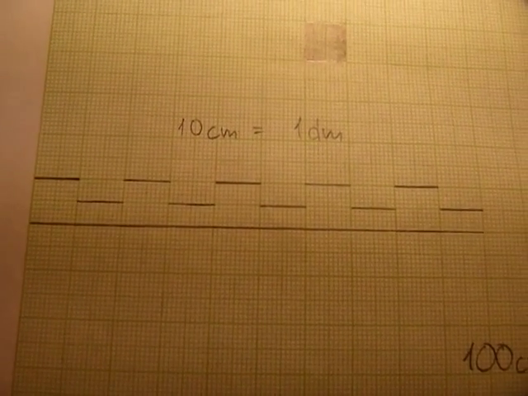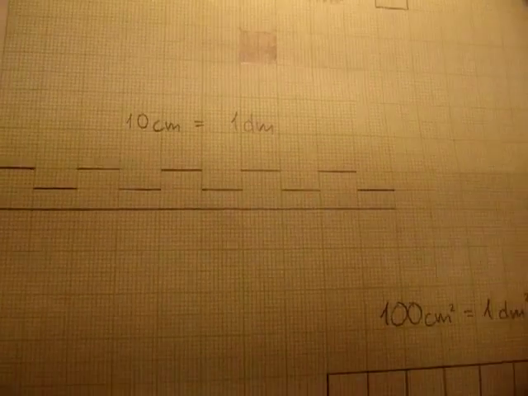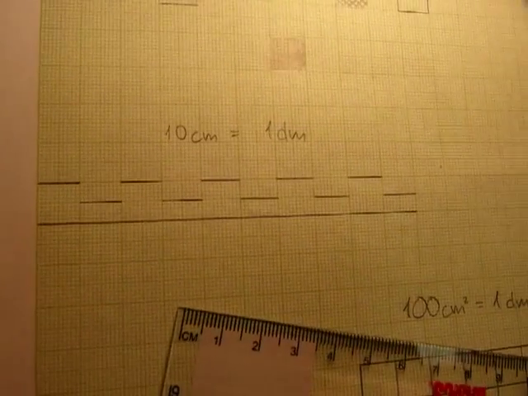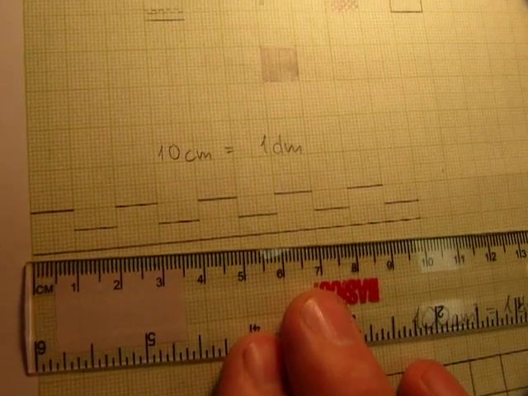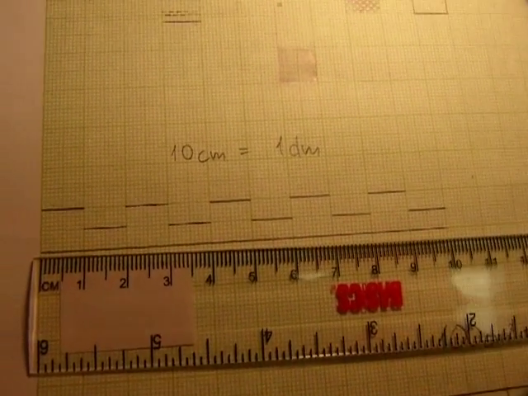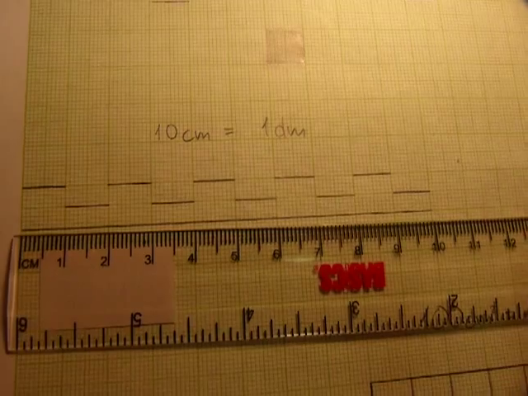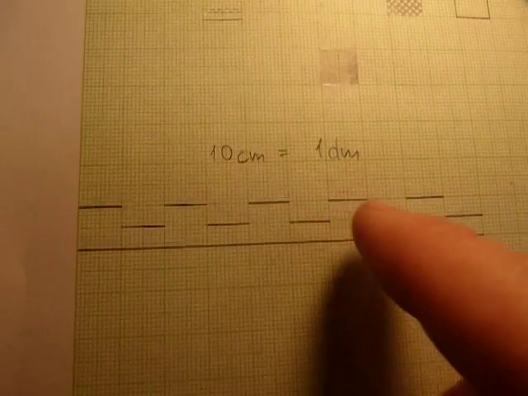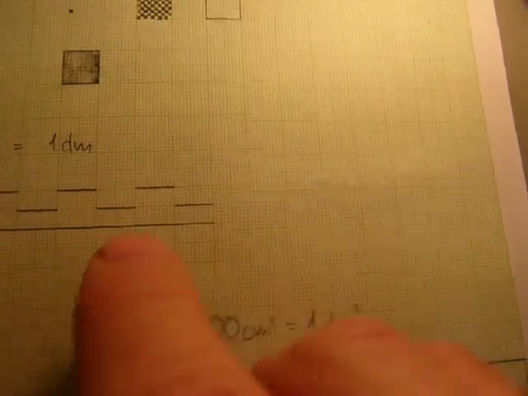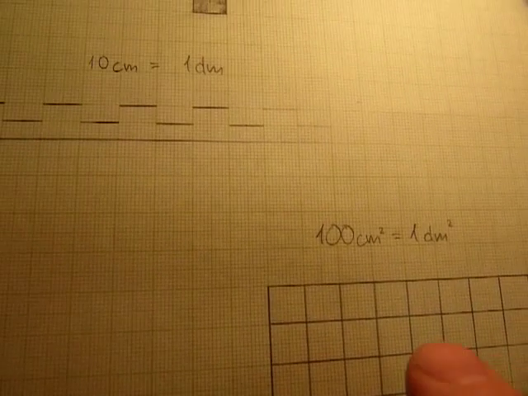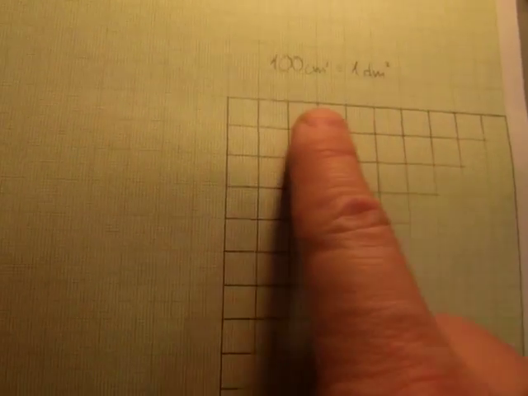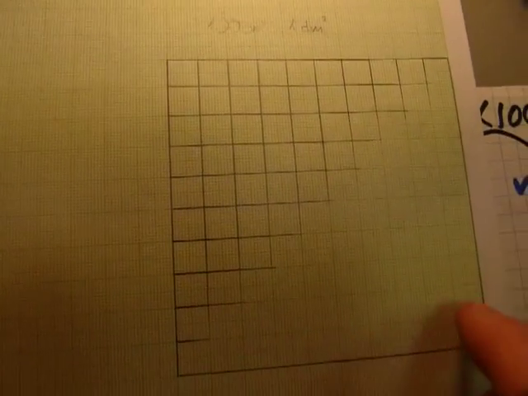The solid line is 1 decimeter long. 10 centimeters make one decimeter, so the solid line is exactly 10 centimeters long, 1 decimeter. Those are centimeter lines as well, so 10 centimeters make 1 decimeter, but 10 square centimeters are not enough to fill 1 square decimeter.